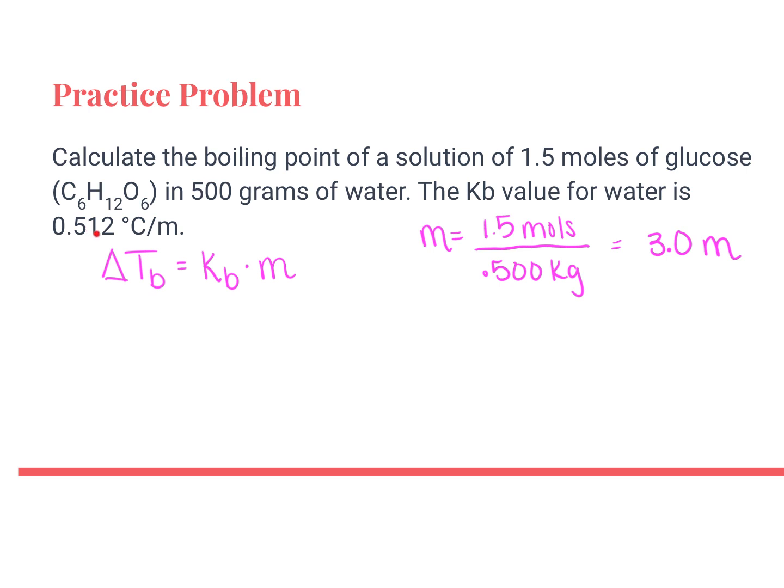Now we know Kb and we know m, so we can plug them into the equation. Kb is 0.512 degrees Celsius divided by molality, and we multiply it by 3.0.